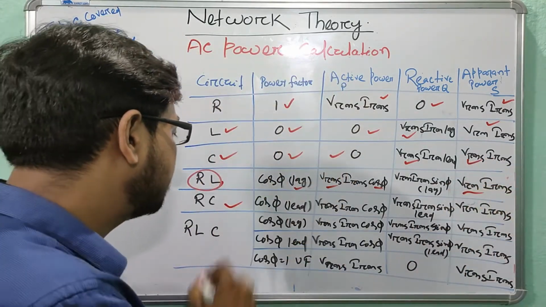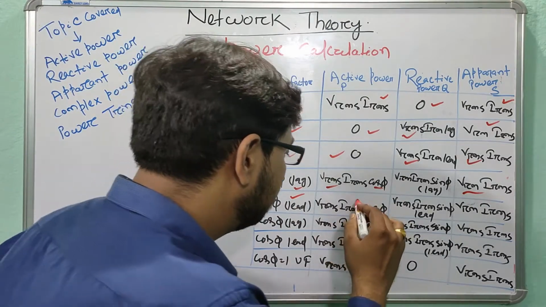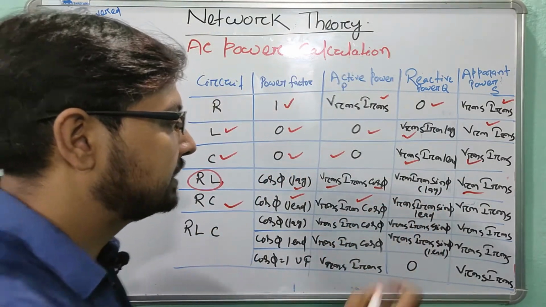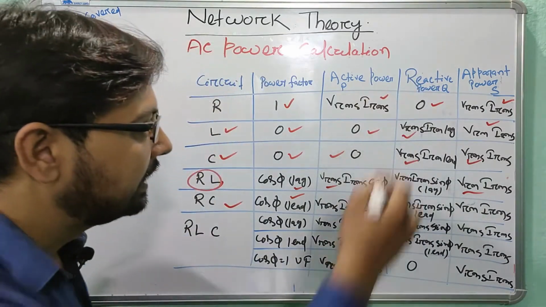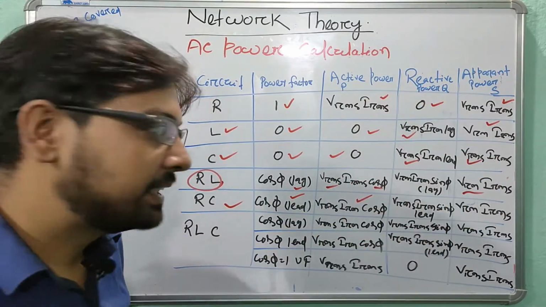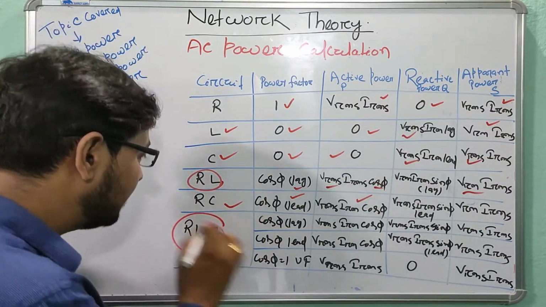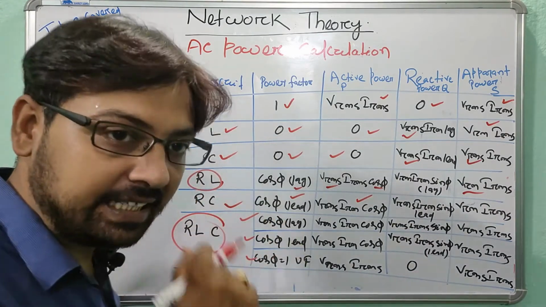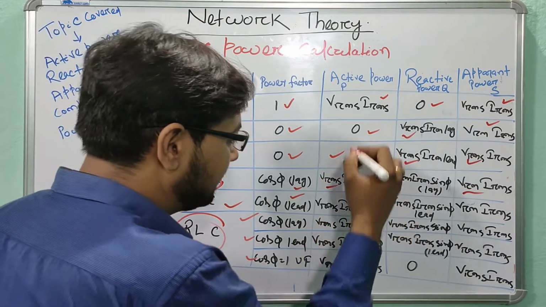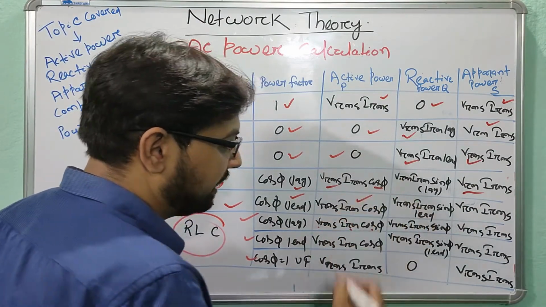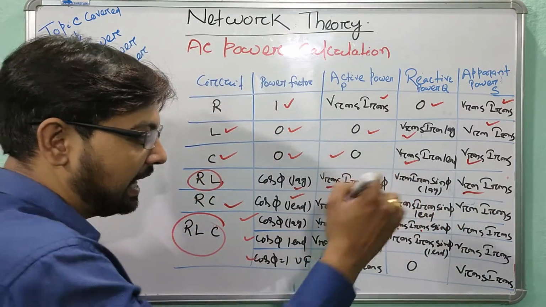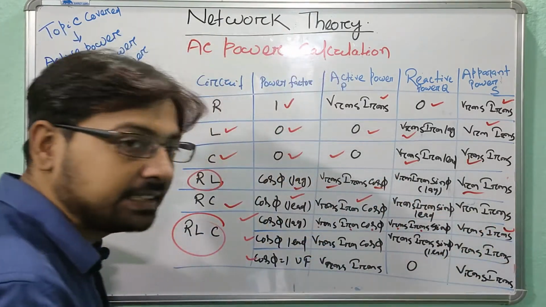Now what is the RC circuit? Cos phi lead, active power is Vrms Irms cos phi, reactive power is Vrms Irms sin phi lead, and apparent power is the same Vrms Irms. And for the RLC circuit, you get three conditions. If cos phi is lagging, active power is Vrms Irms cos phi, reactive power is Vrms Irms sin phi lag, and apparent power is Vrms Irms.